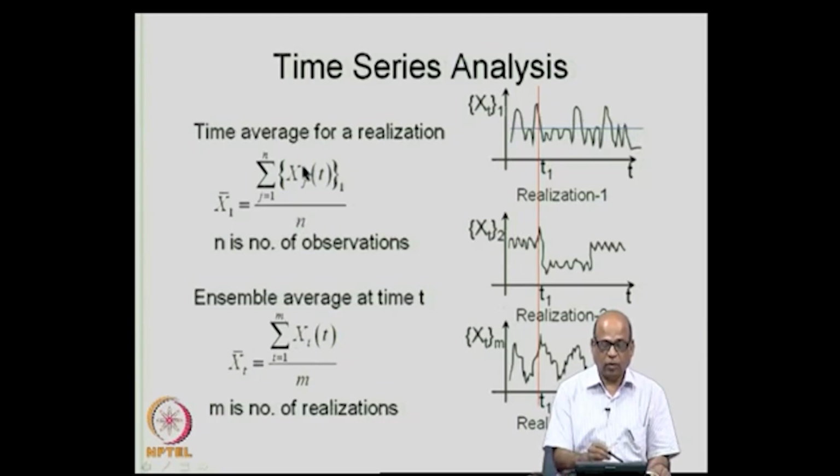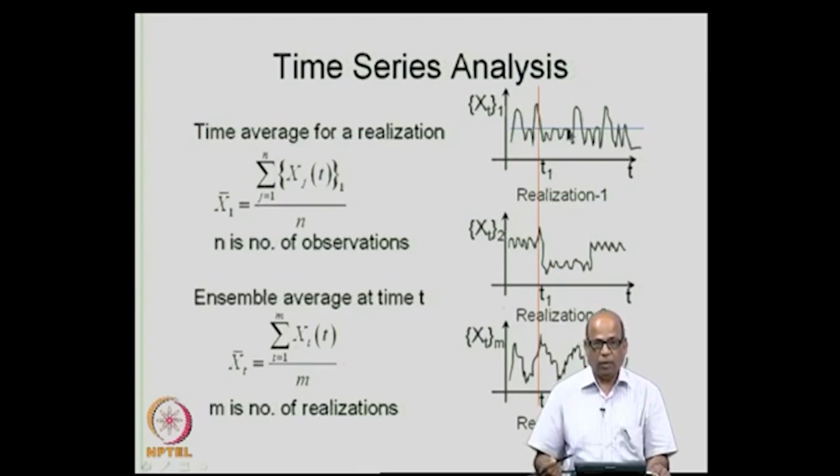That is what you are writing formally here: x j t for realization 1 across all j equal to 1 to n, where you have n observations. So, essentially you are taking the average across time for this realization. These are called time properties, or in this particular case the time average for a realization.